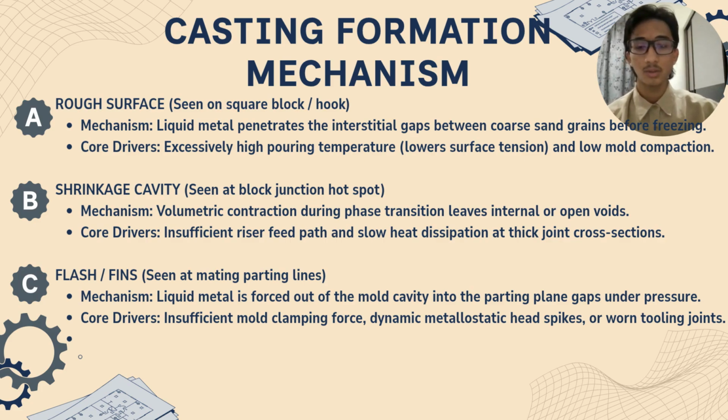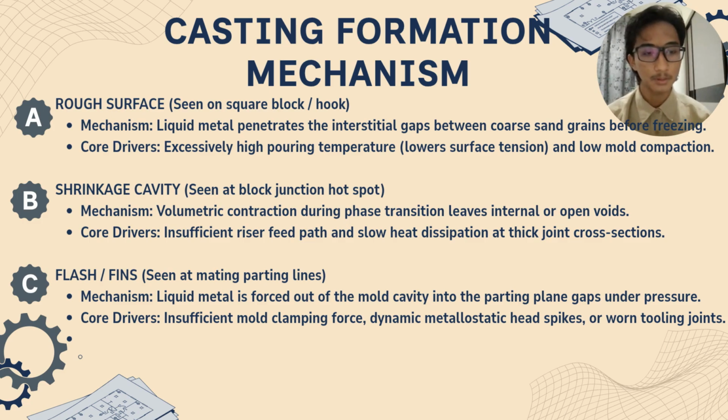For the second one, shrinkage cavity, or hot spot, there's a hollow in the finished product, like a hole. This happens during solidification, from liquid to solid: the outer part of the molten metal freezes first, then the inner part.